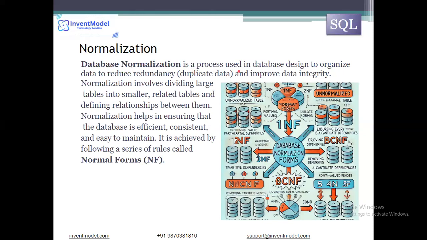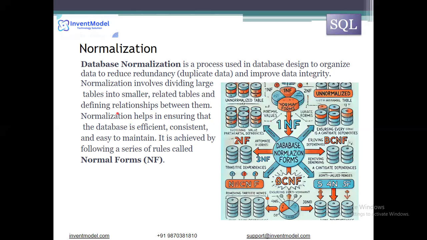Database normalization is a process used in database design to organize data to reduce redundancy and improve data integrity. Normalization involves dividing large tables into smaller related tables and defining relationships between them.